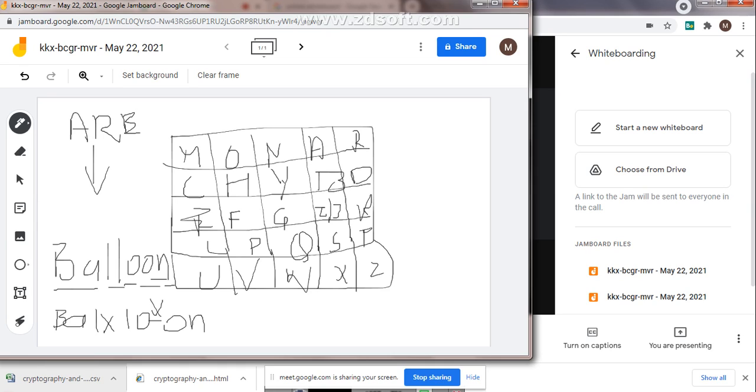For example, we will consider then L. This L will be replaced with the filler letter X. So it will become BALX. Getting the thing? BALX. Then next pair is going to be LO, and last pair is going to contain the letters ON. This is the first rule. Clear, guys? Getting the thing? How will it be encrypted?